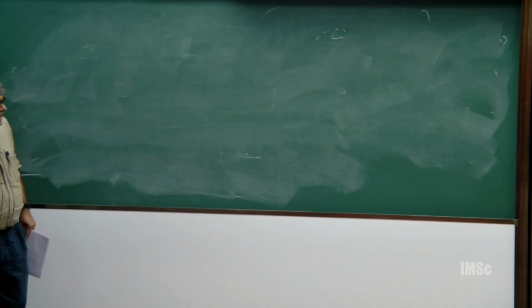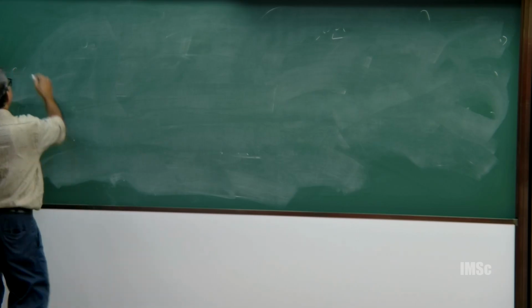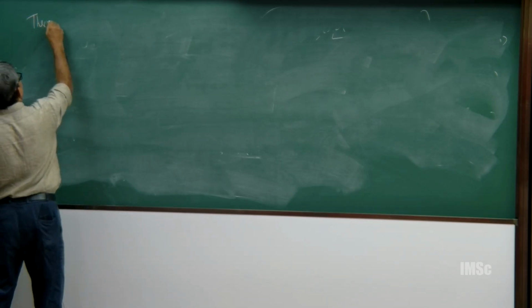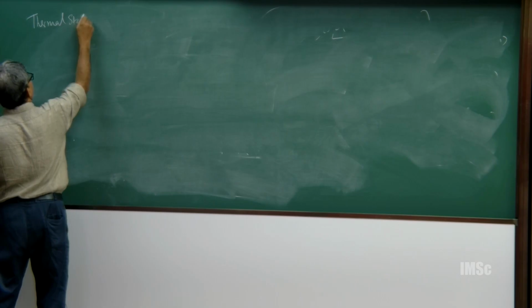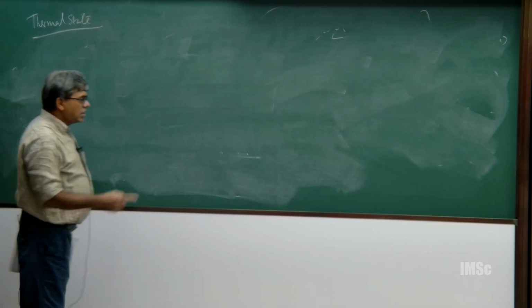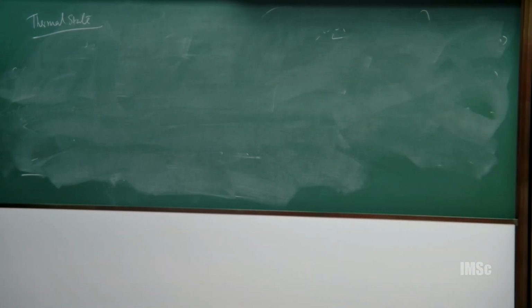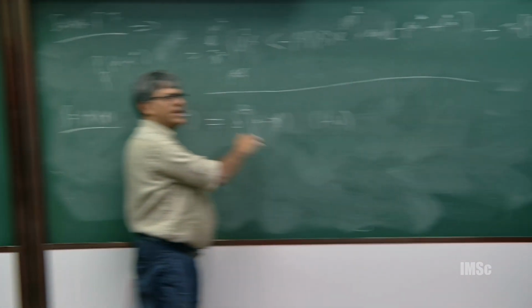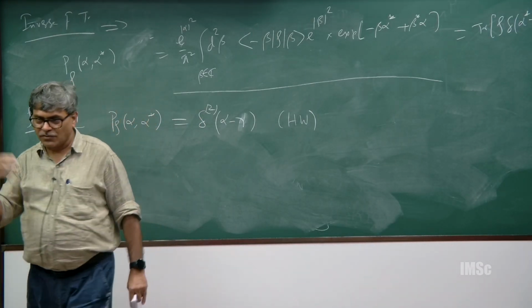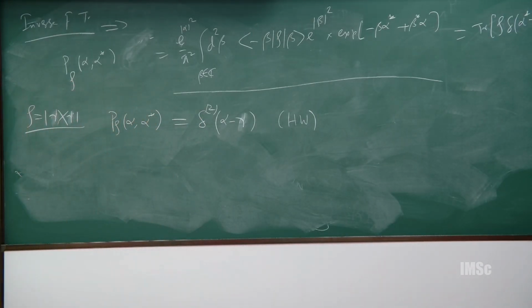So, now, this is important, let us take a thermal state. What you see is that for any coherent state the P distribution is a delta function, which is not a well behaved function, but still okay. It is non negative and all those things are there.